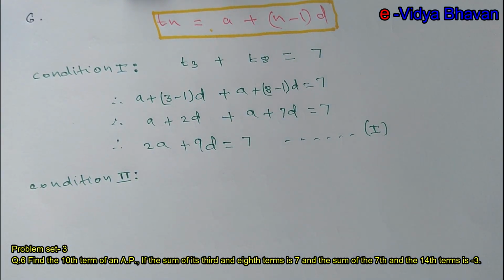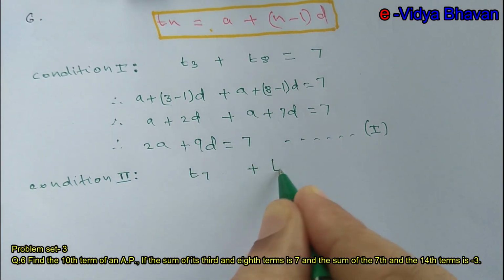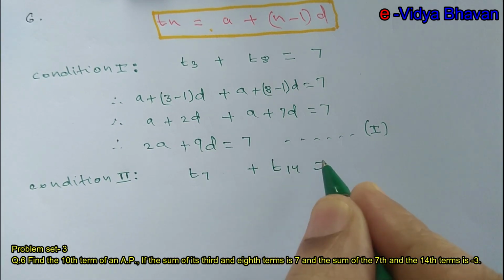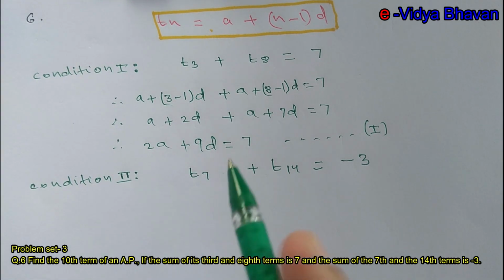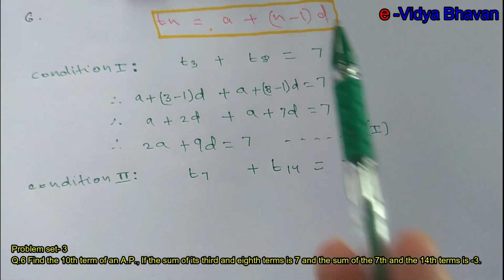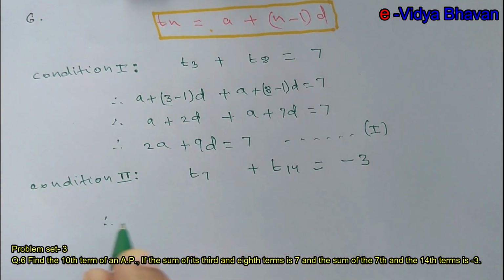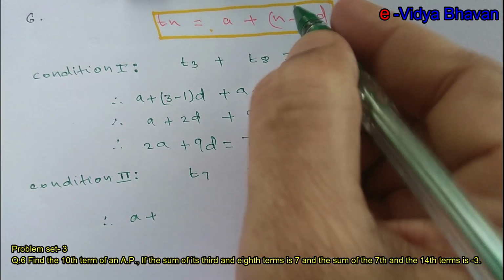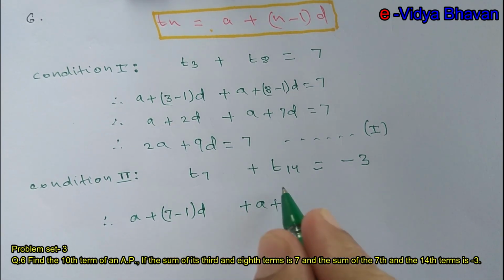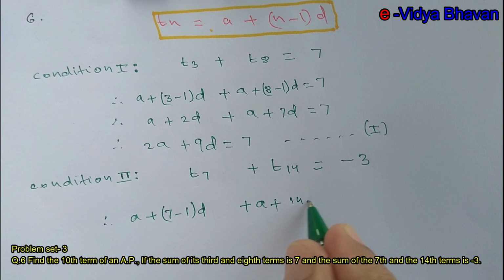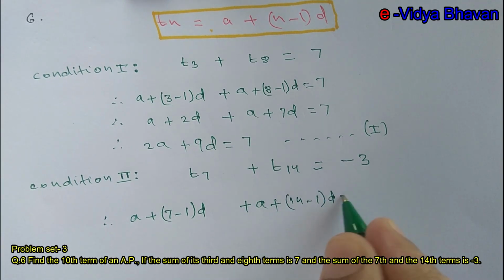What it says? Sum of 7th term and 14th term, that is T7 plus T14 is equal to minus 3. So first we will substitute the value of T7 in the formula, T14 in the formula. So T7, a plus 7 minus 1 d, a plus 14 minus 1 d.